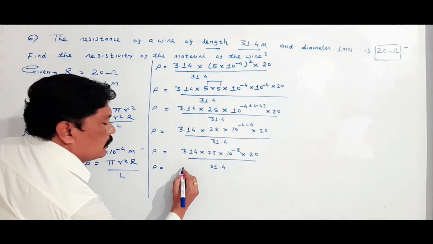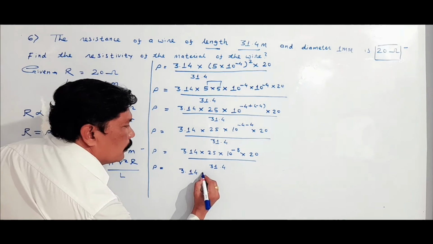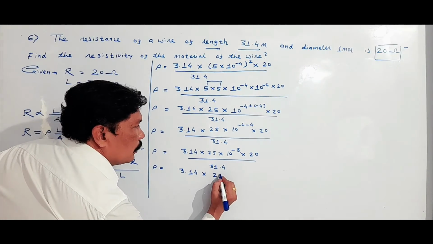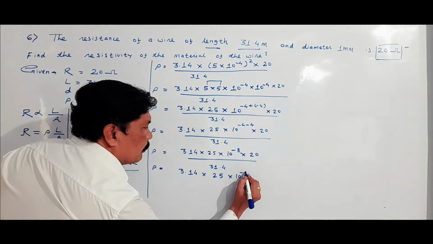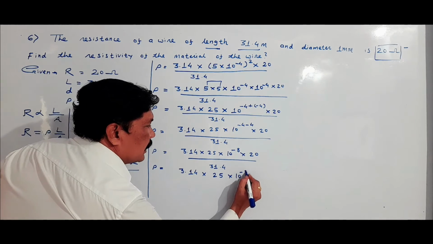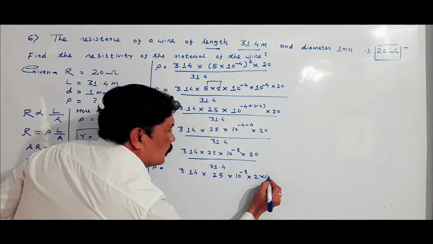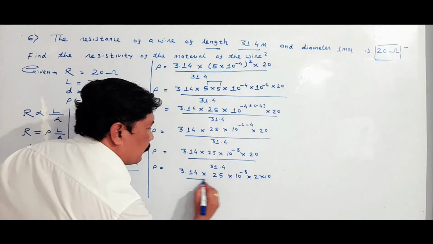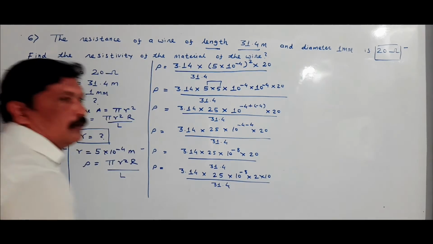Resistivity of a material is equal to 3.14 into 25 into 10 to the power minus 8 into, we'll put this 20 as 2 into 10, upon 31.4.